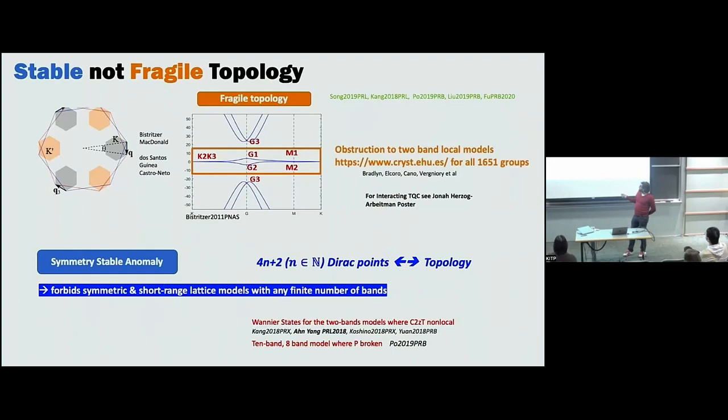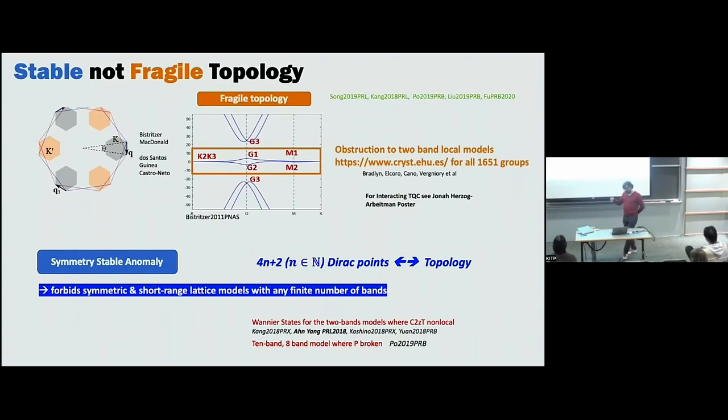And these are some representation labels of the flat bands at high symmetry points. Now, you can go on this website, which is now available for your browsing enjoyment, and find out that these representations are not consistent with any atomic limit. Hence, these bands are topological.